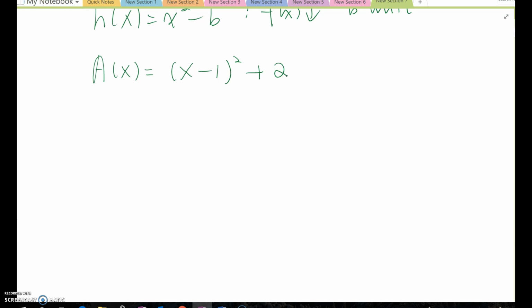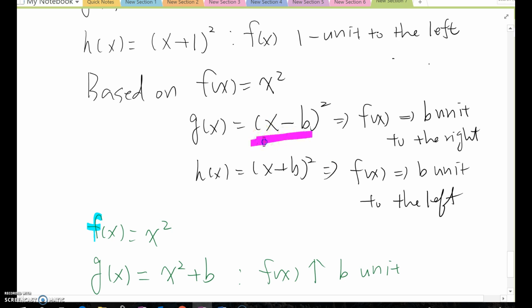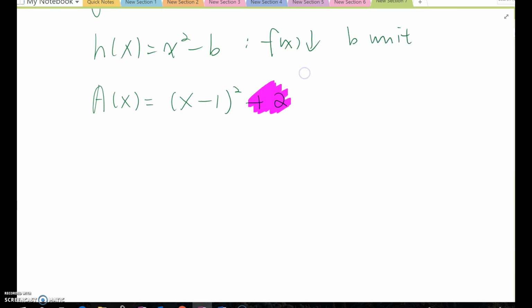So I temporarily delete plus 2 here, so maybe hide it using the highlighter. So let's think we don't have this one. Then you know that f(x) equal to x squared will move 1 unit to the right, b units to the right. So now we can say this one moves 1 unit to the right.